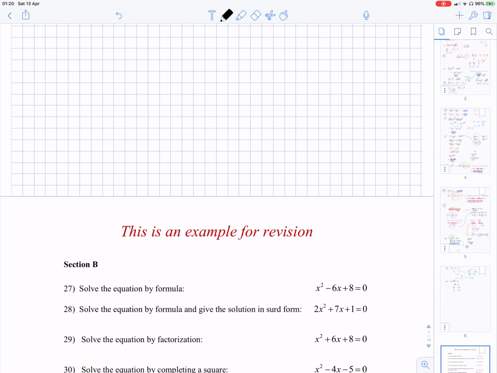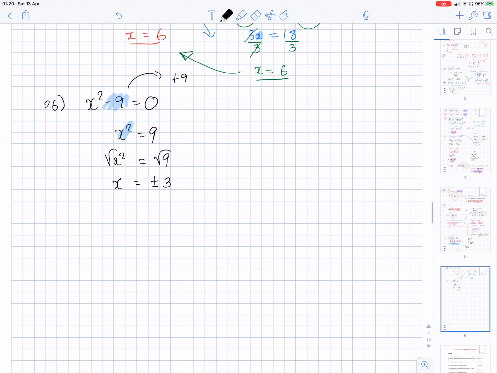Which means that x equals 3 or x equals minus 3. Okay, that's the end of this one. It's quite straightforward.